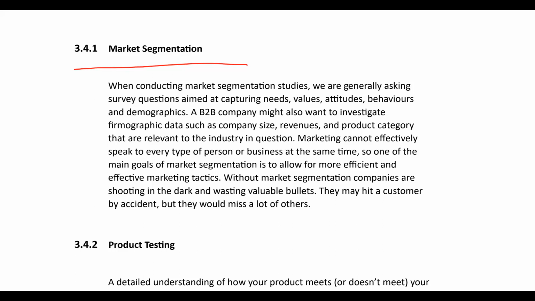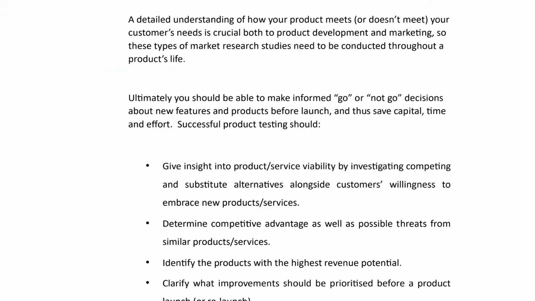Without marketing segmentation, companies are shooting in the dark and wasting valuable bullets. They may hit a customer by accident, but they would miss a lot of other customers if they don't segment the markets. Therefore, it is very, very important to segment the market.